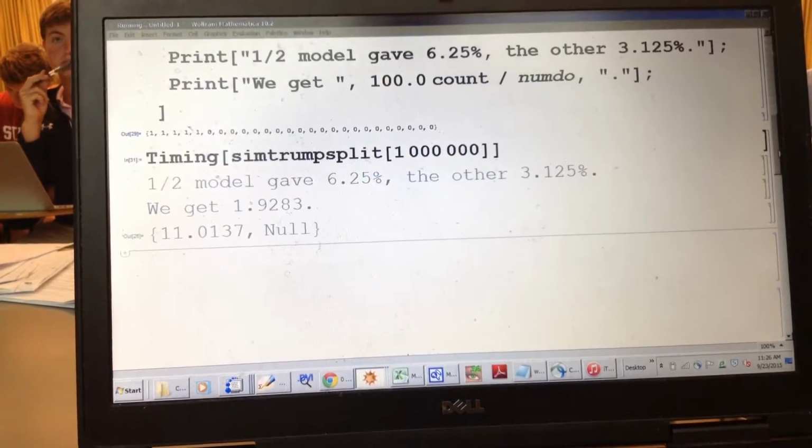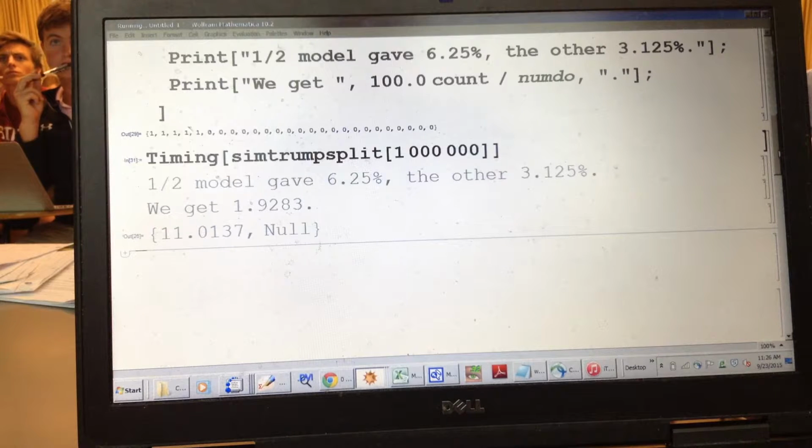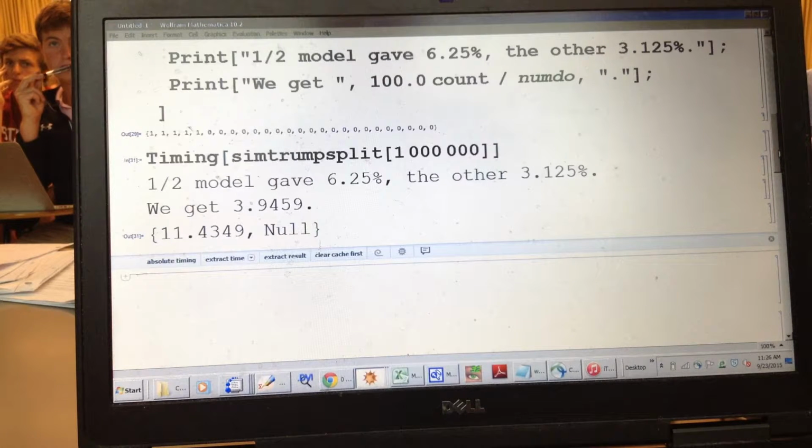Can somebody check, was it 3.2 last time, not 3.1? So now we're getting about 3.94%. What do you think?